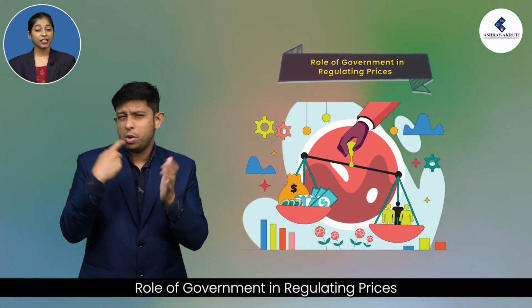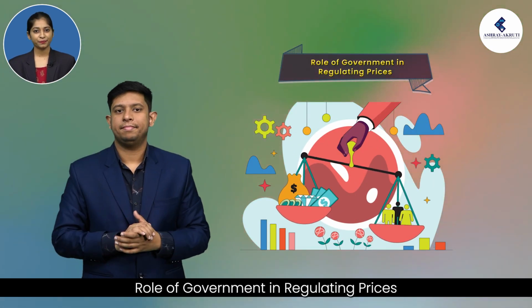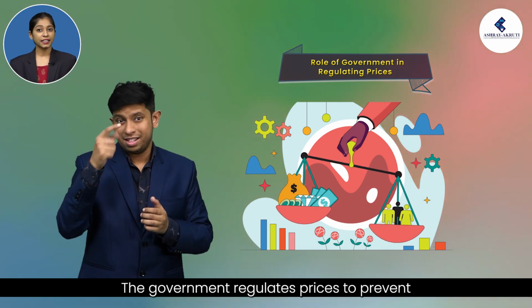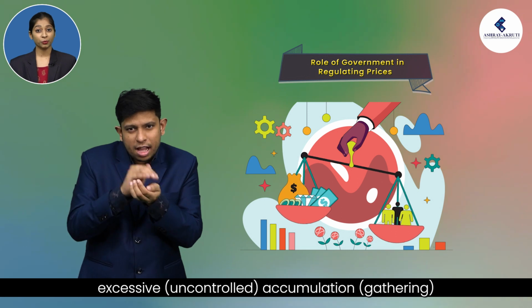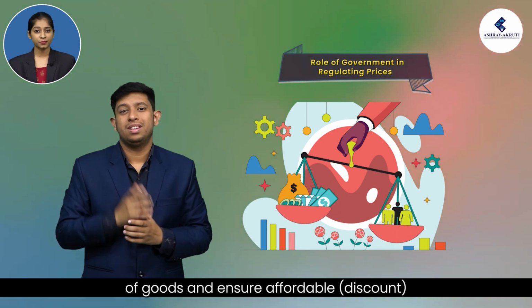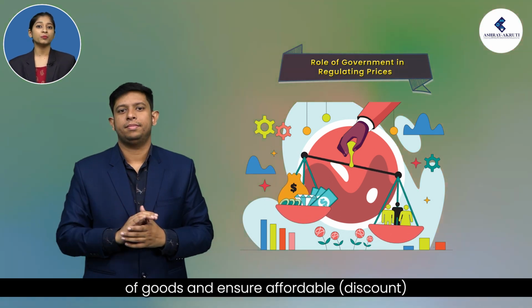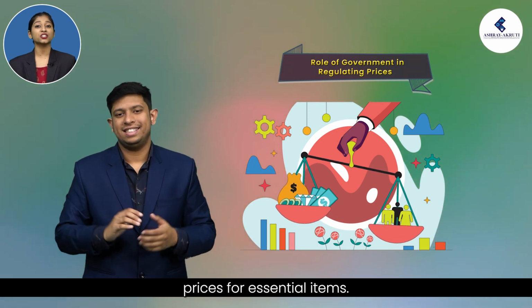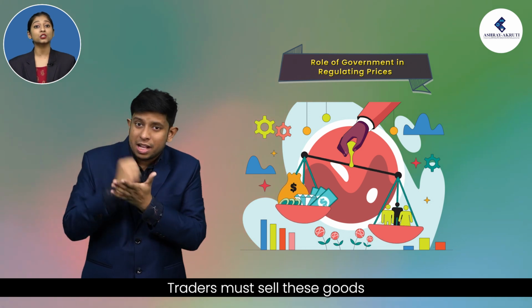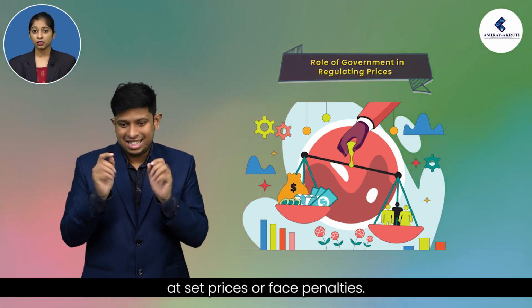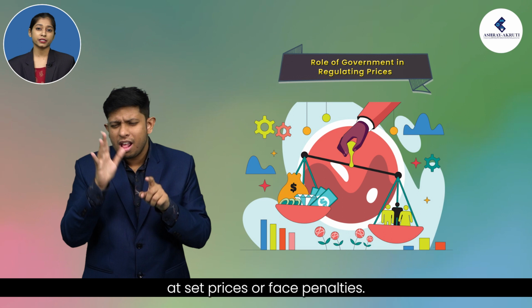Role of government in regulating prices. The government regulates prices to prevent excessive accumulation of goods and ensure affordable prices for essential items. Traders must sell these goods at set prices or face penalties.